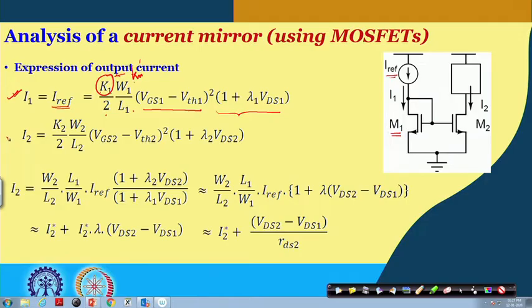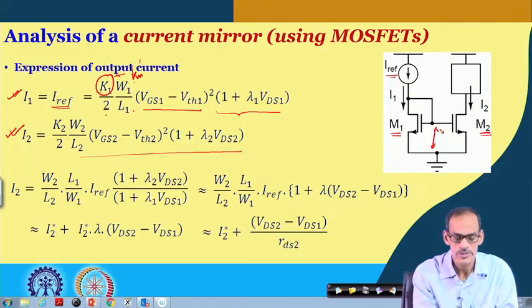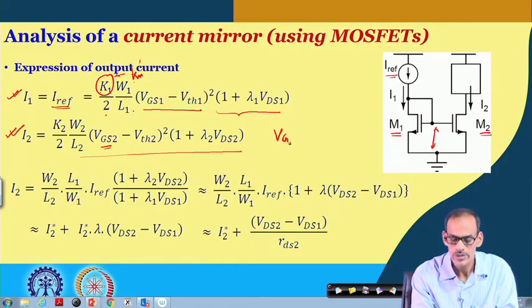Likewise, we also have the expression of current for transistor 2. It has a very similar expression, and because of the connection here, both the VGSs are equal, namely VGS 1 and VGS 2.